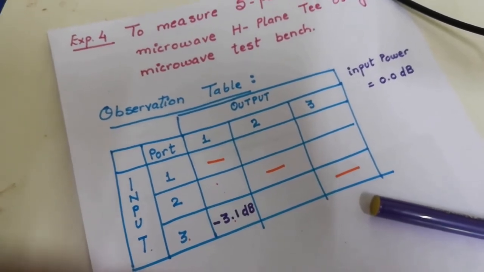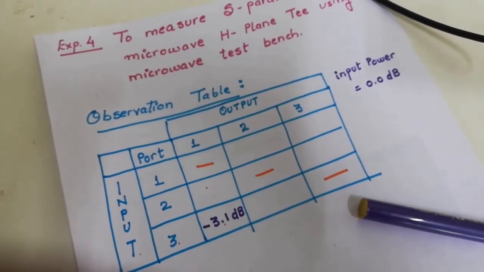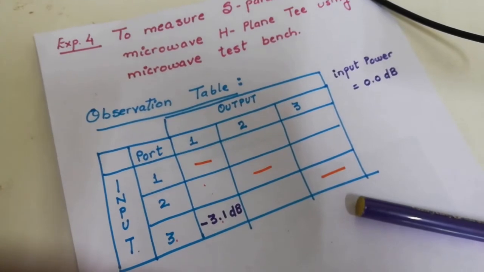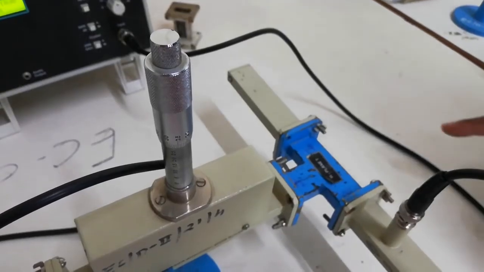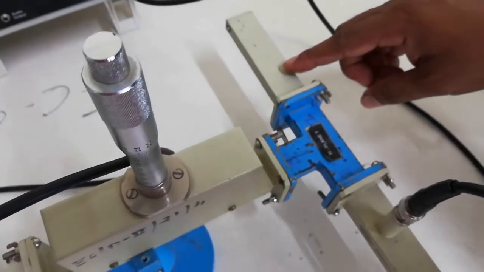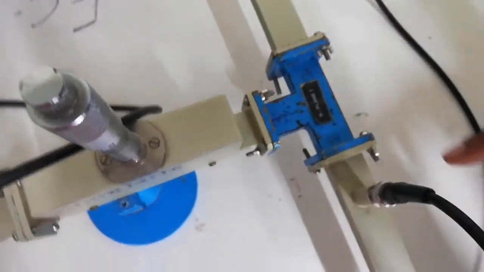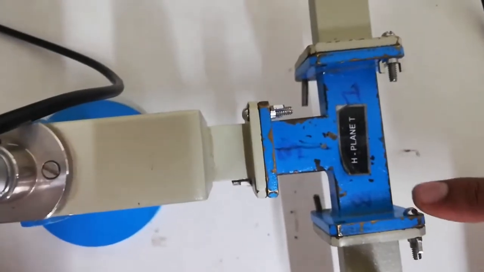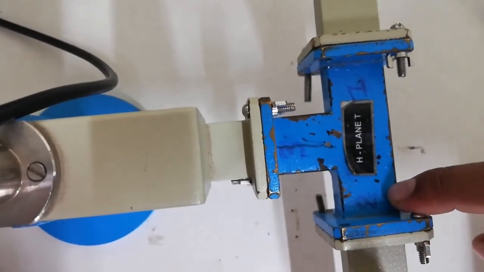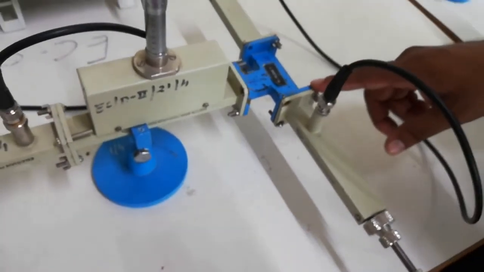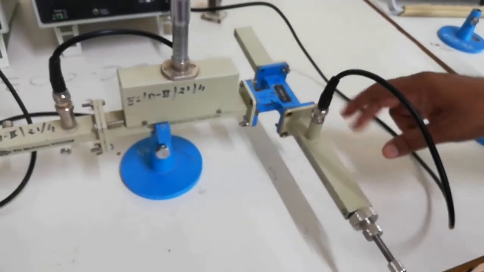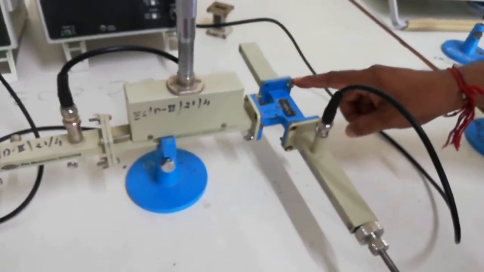So the third row, first column is filled with minus 3.1 dB. Now we have interchanged our match termination and detector mount. Now the detector mount is at port number 2. This is our port number 2. So we are measuring power from port number 2, and we have a match termination at port number 1.